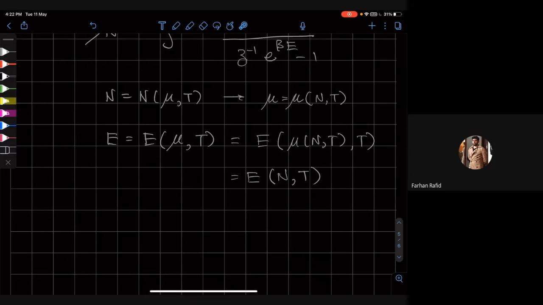Now in many cases, you actually want to fix the number n, and you're not interested in mu. So in those cases, you want an expression where mu is absent. We are interested in physical applications, in the case where the number of particles is fixed, because we are not doing relativistic physics, where the number of particles can change, and that's why we have quantum field theory.